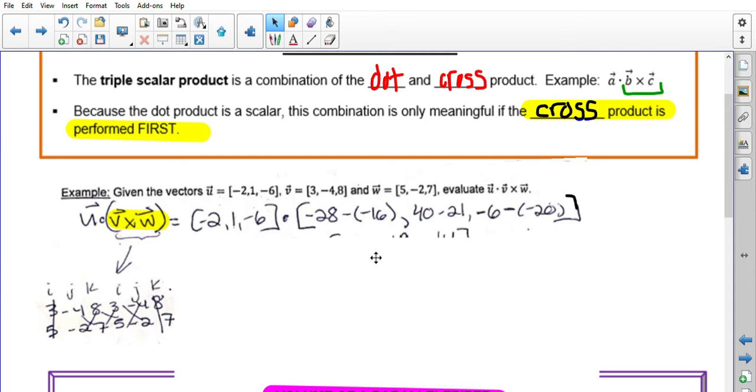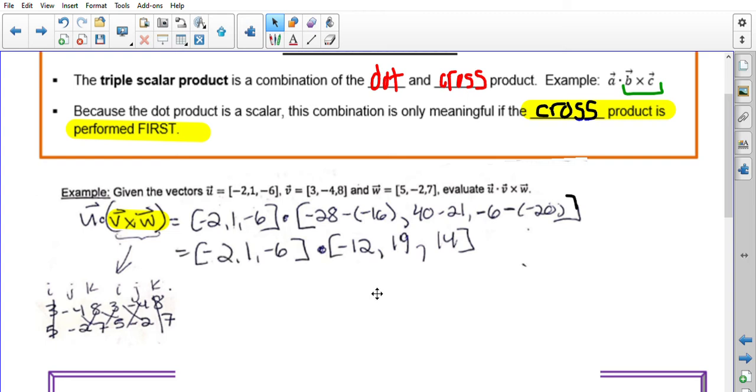All right, so let's simplify that. So that means our cross product will become, remember, 2 negatives make a positive, so we're going to get -12, 19, and 14. So again, this is a vector that is perpendicular to both v and w.